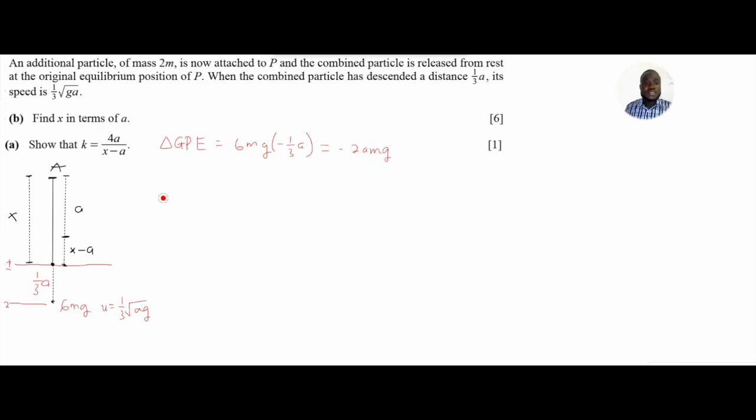Now let's also look at the change in kinetic energy that takes place from point 1 to point 2. This is going to be half the mass of the combined particle multiplied by the change in the square of the velocities. Now let's simplify this as well.